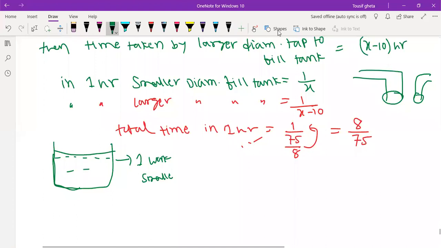My one work is to fill the tank. The smaller tap will take X hours to fill the one tank.